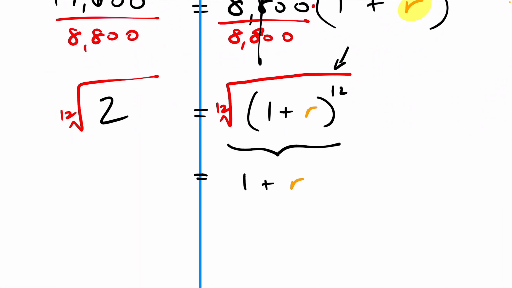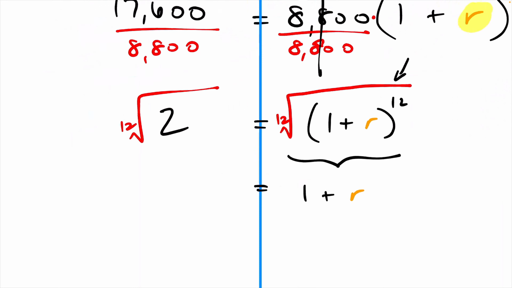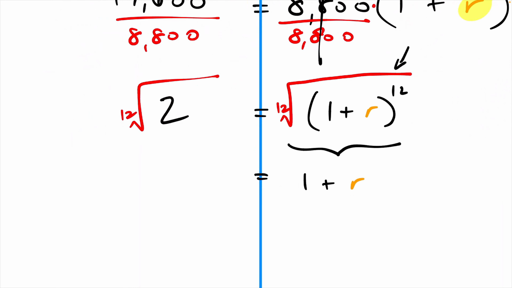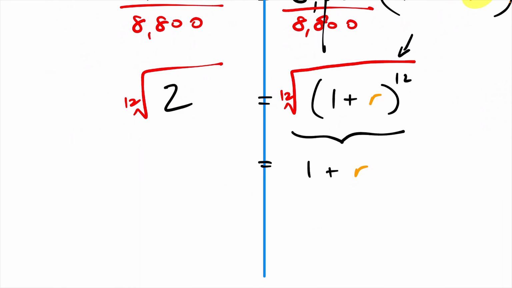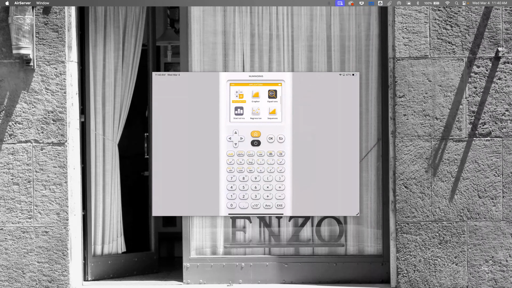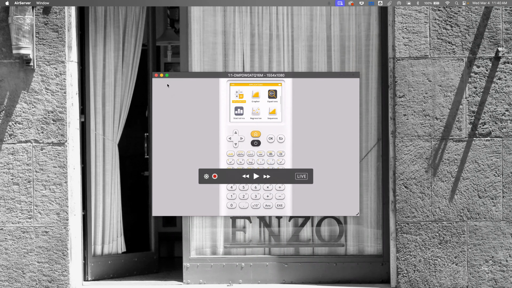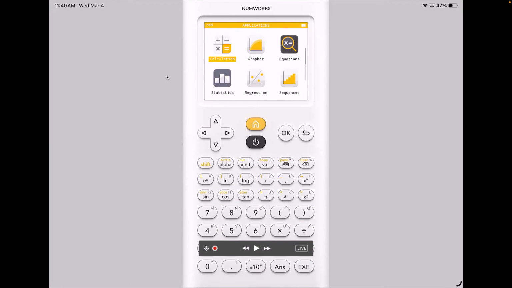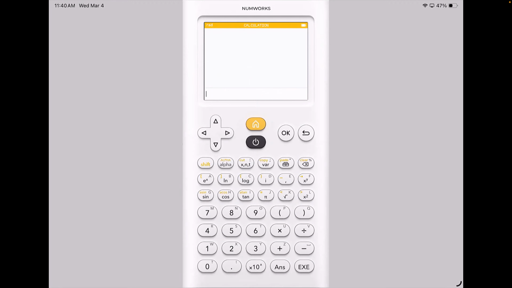That's where your calculator is going to come in handy. Okay, so let's go to the calculator. I'm going to go slow because you have to find a special function here. So get your calculator ready, and I'll show you exactly how to do this. You're going to go to the calculation screen, because that's where we always go.